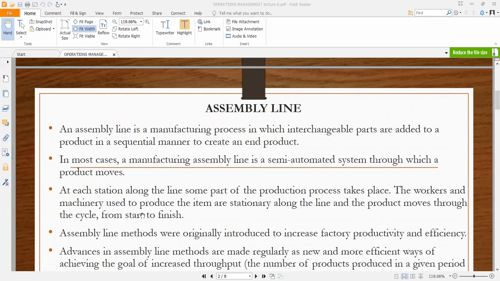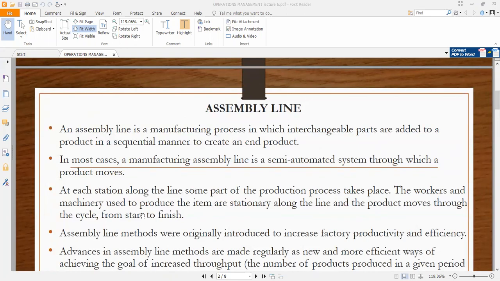Here we're talking about a system through which products are moving and assembled. It can either be manual, where people are the ones assembling it, or it can be a system, a computer, or machinery that has been created to assemble those parts together.